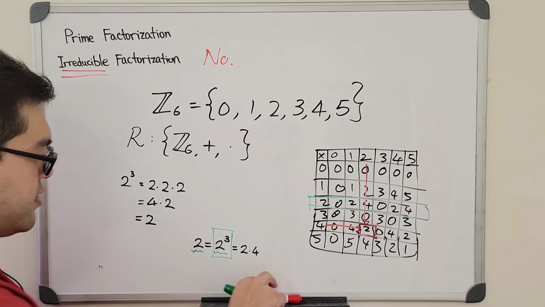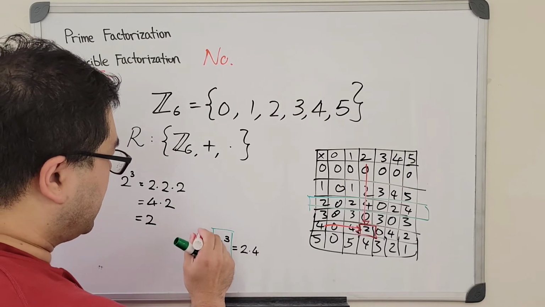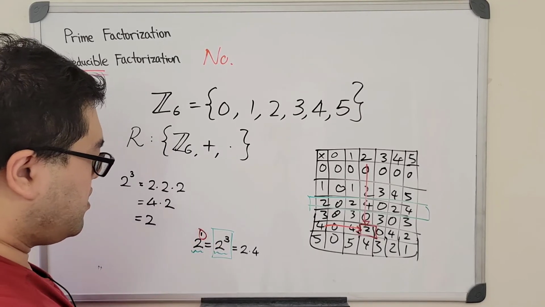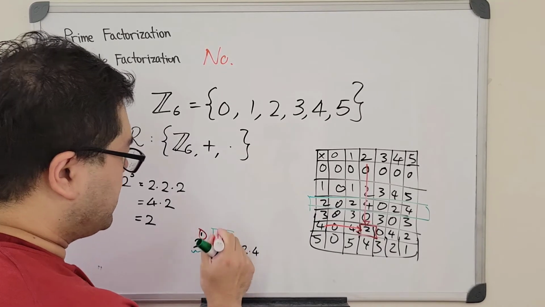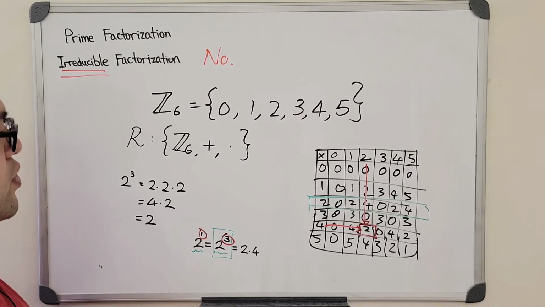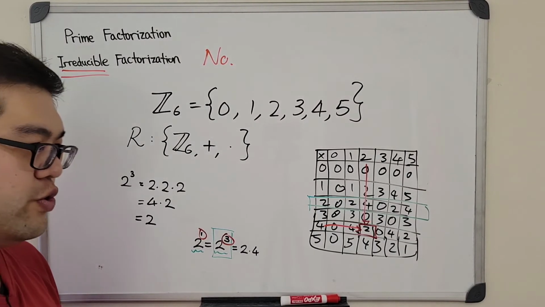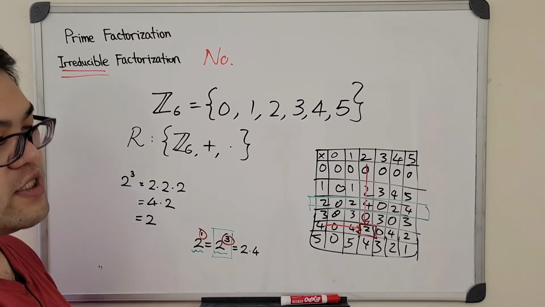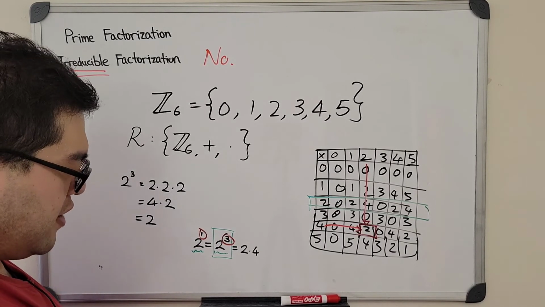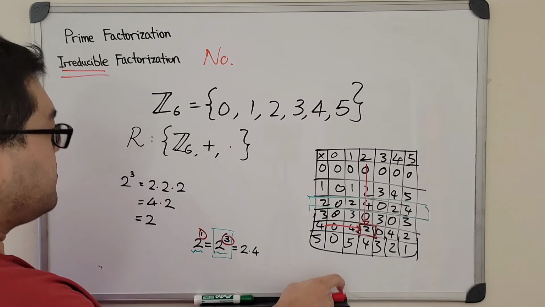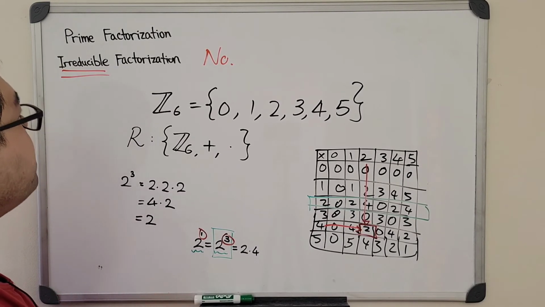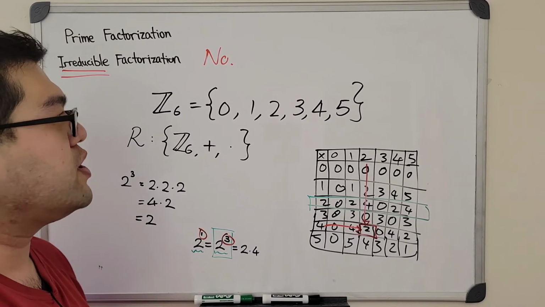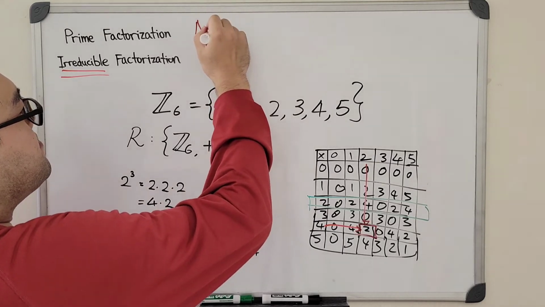But we also could see that the exponent part here, maybe I should put a 1, is actually different now. So we cannot consider them to be unique because they don't have the same power by the definition. Therefore, the answer for the first problem, is prime factorization always unique in any situation, is also a no.